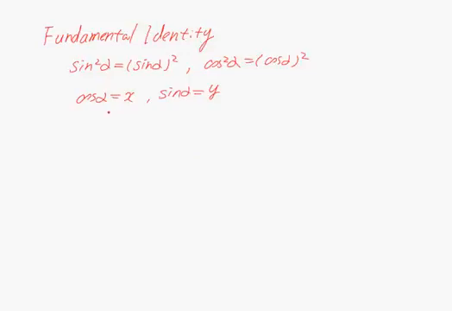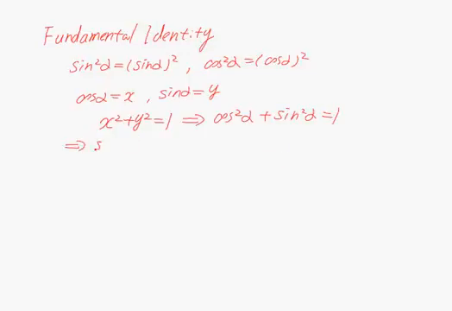And x and y are the coordinates of one point on the unit circle, so it satisfies the equation of the unit circle, that is, x squared plus y squared equals 1. So now you replace x by cosine alpha, y by sine alpha, then you get cosine squared alpha plus sine squared alpha equals 1.